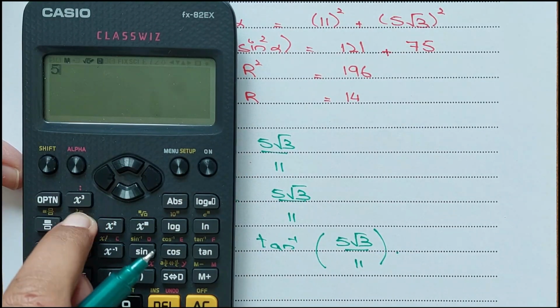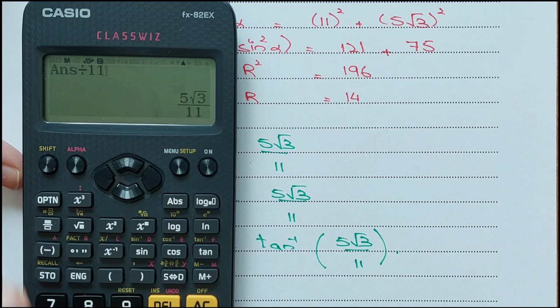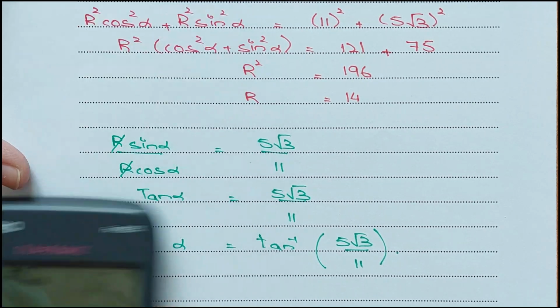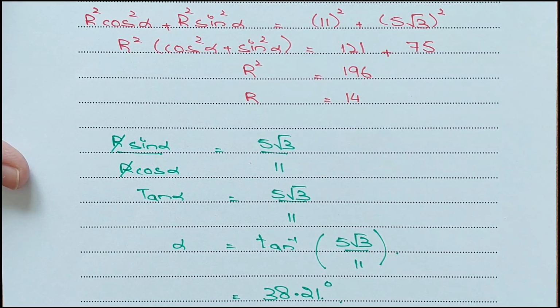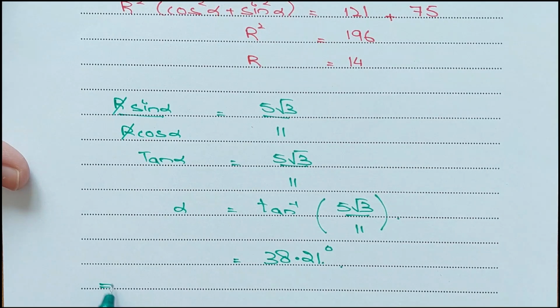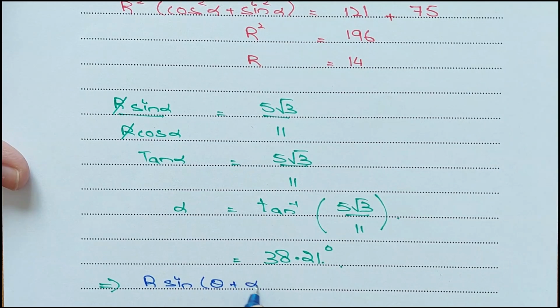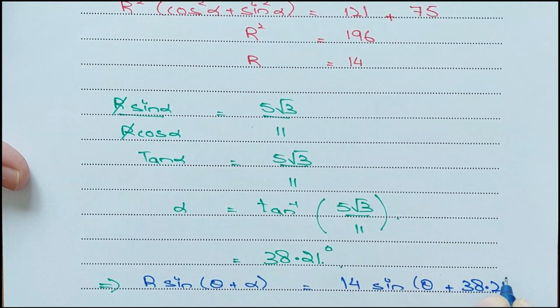So 5 square root of 3 divided by 11, tangent inverse of the answer is 38.21 degrees, up to 2 decimal places, right? So we can say that the expression in terms of r sin(theta plus alpha) is 14 sin(theta plus 38.21 degrees).